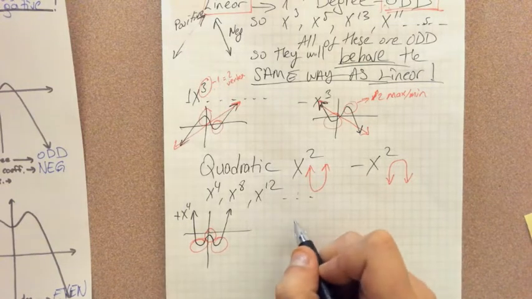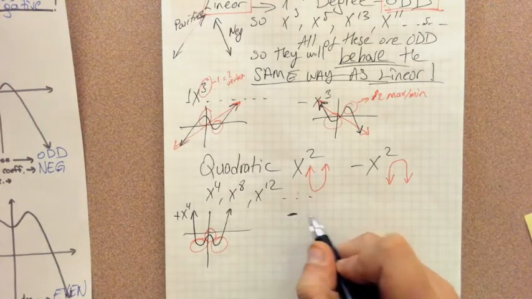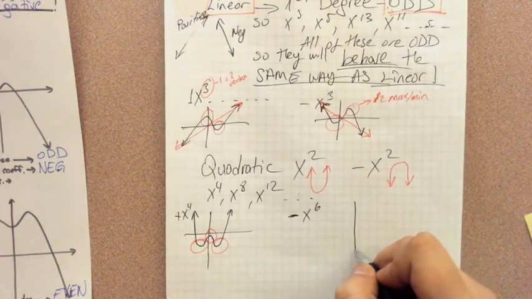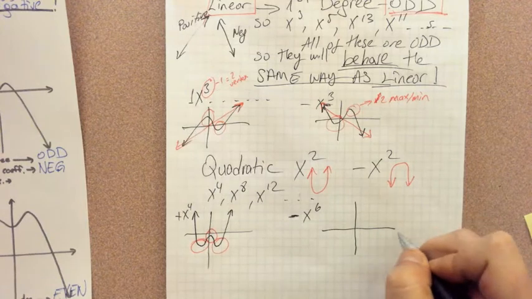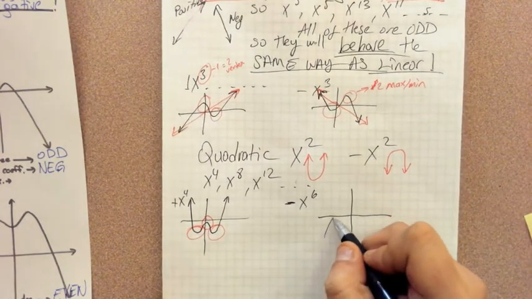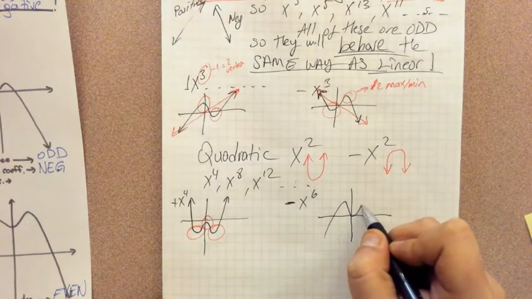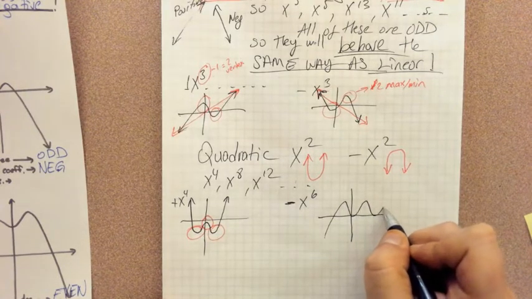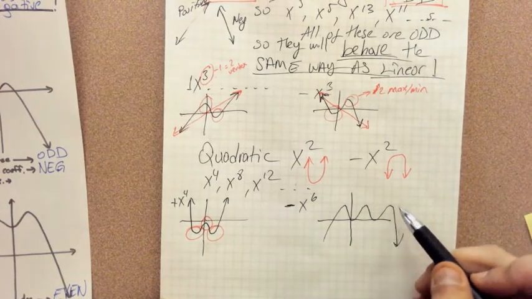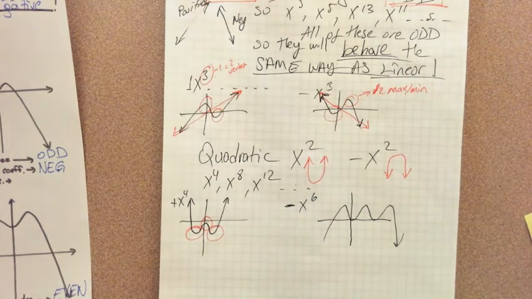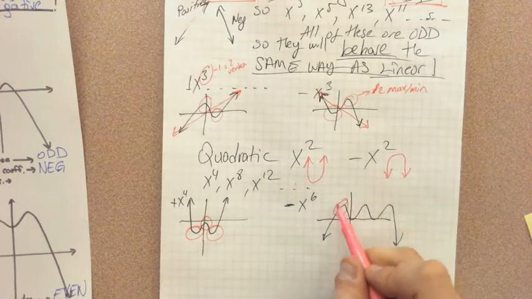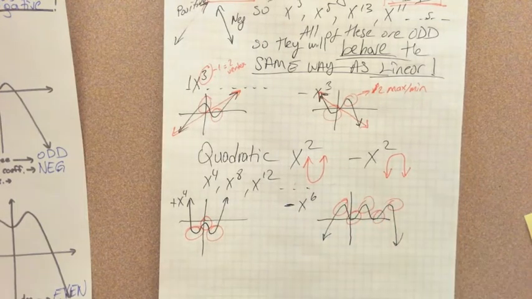And if I have, let's say, a negative x to the 6th, I'm going to have 5 of these. So negative, I'm going to start from here. So that's 1, 2, 3, 4, 5. Did I do it right? 1, 2, 3, 4, and 5. So yeah, I actually did it right.